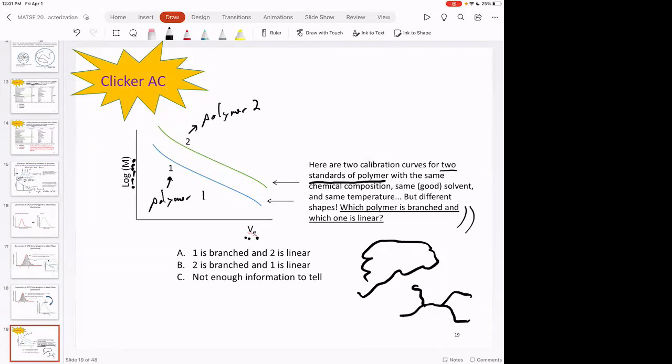And they could be exactly the same molecular weight, right? So you can have the same number of monomers in this molecule versus this molecule. And the branched will always be a little bit smaller because the monomers are closer to each other because they have to be because of those branch points. So the question is, which polymer is branched and which one's linear? So you can ring in.